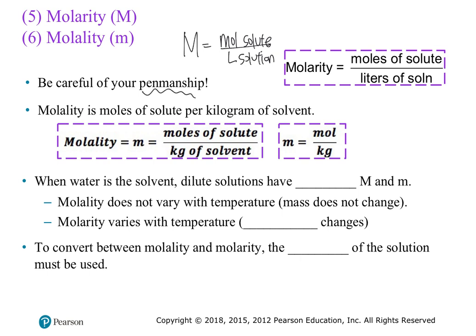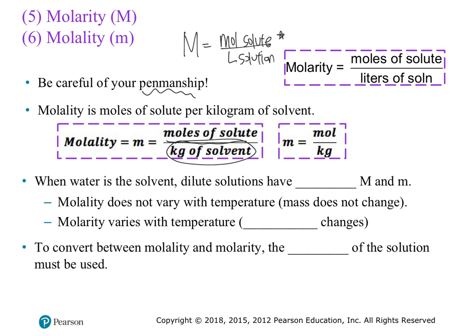If you're one who likes to write capitals all the time, or you like to write lowercase all the time, no longer, you must be distinct in this, because molality is a very similar word but also similar notation. It's little m now, and it's moles of solute, so same numerator, but now kilograms of the solvent, so not over the solution. So moles per kilogram.